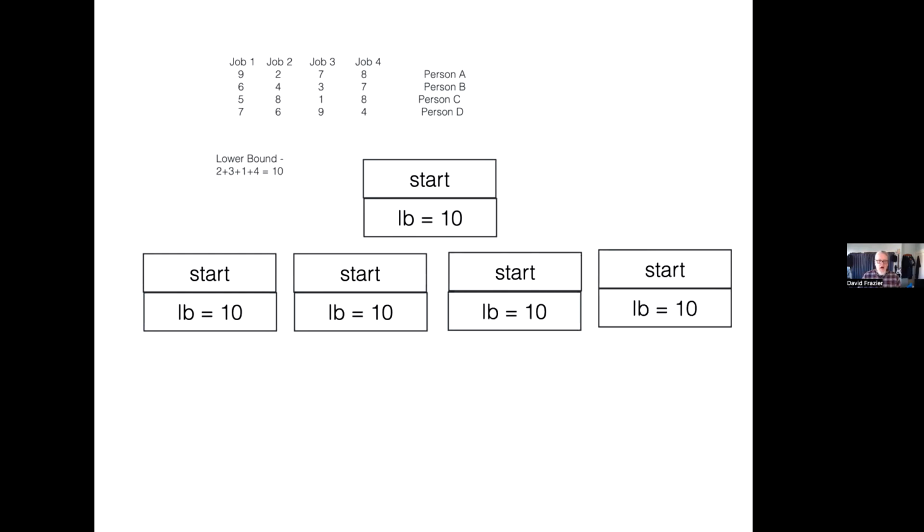So again, our options here: we have that A is going to take job 1. In this case, we're going to have A taking job 2. In this case, we're going to have A taking job 3.